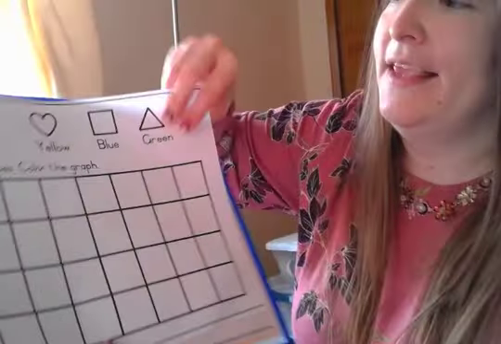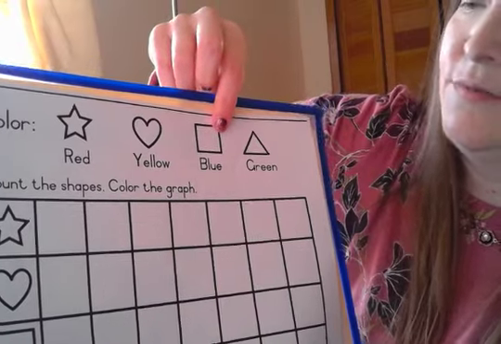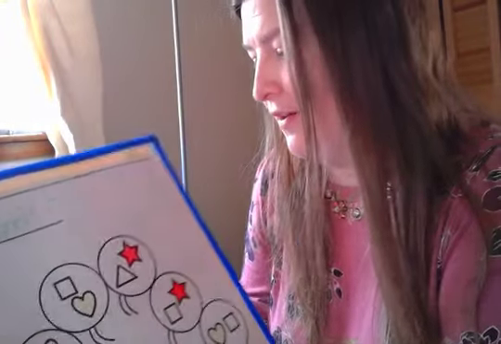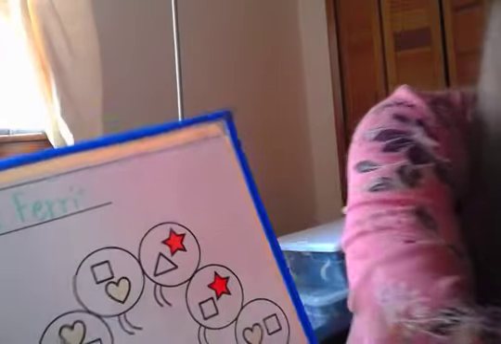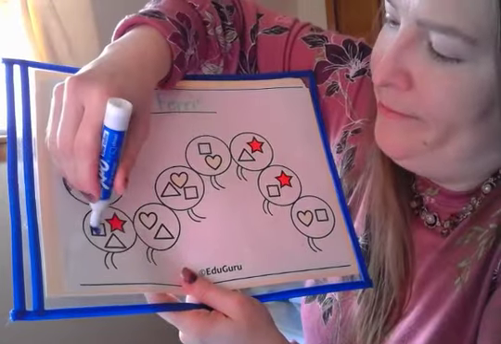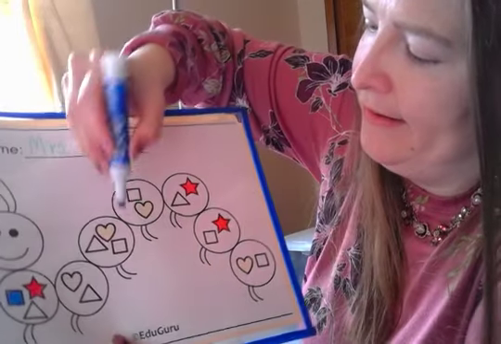And then our graph, the key up at the top over here, it tells us the next one we're going to color is a square, and it's blue. So let me find my blue marker and I will color these squares blue. Okay, caterpillar has one over here on this side. Here's his square. It's got 4 sides and they're all the same size.